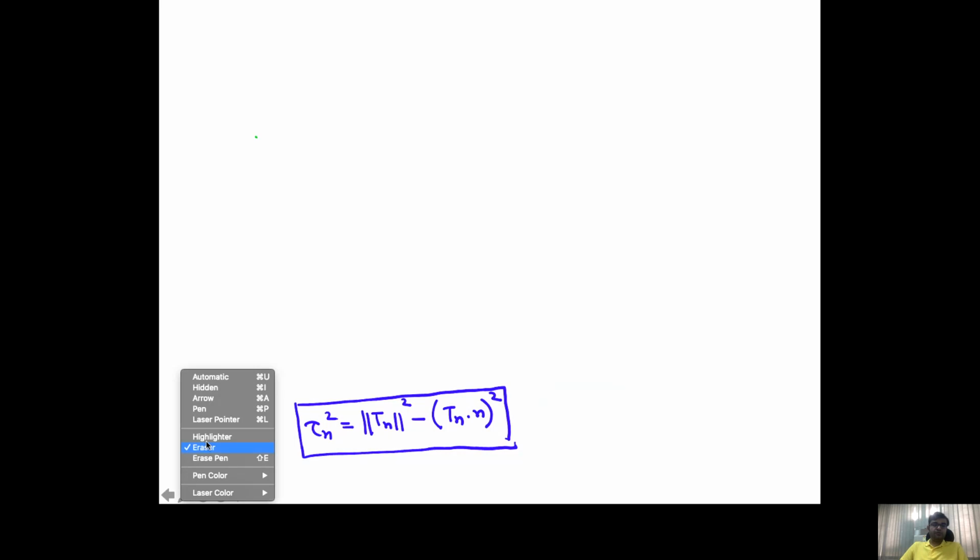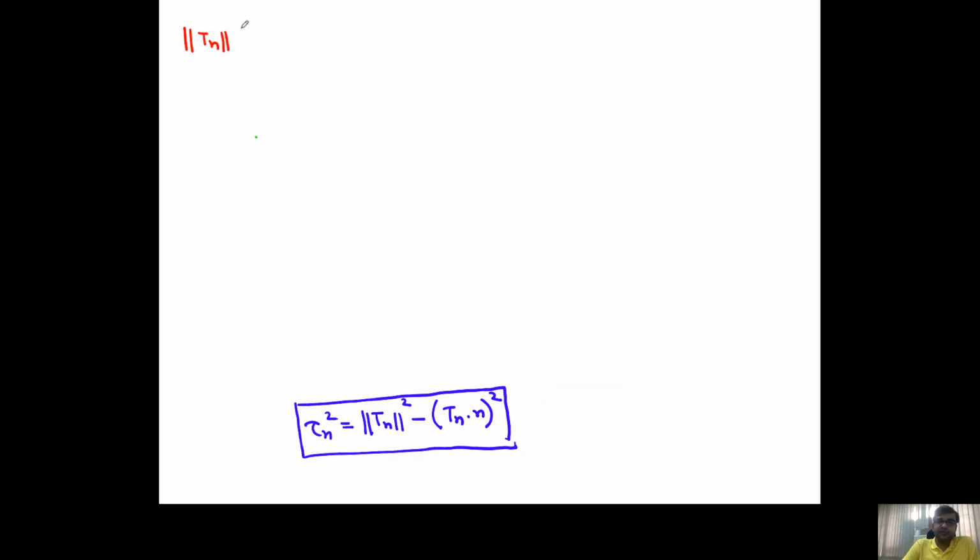And what we are going to do with this, that is the question we need to answer. So let us see. First there is Tn. So what is the magnitude of Tn, or the magnitude of any vector for that matter of fact? The magnitude of any vector is nothing but the square root of the sum of the squares of its components, right?